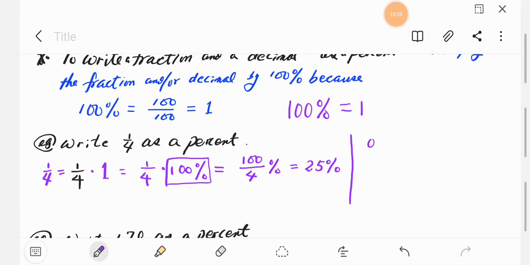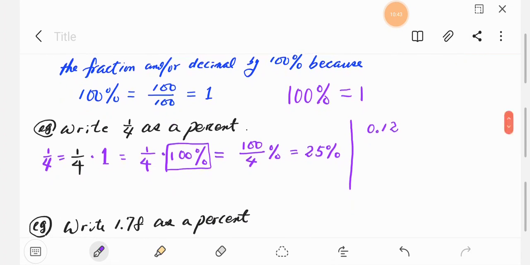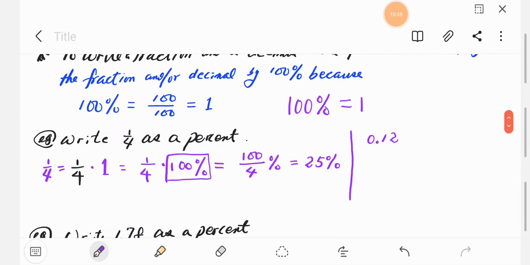How about 0.12? Well, this is a decimal. Okay, decimal is later, so let's convert the fraction. How about 1/5? So I have 1/5, then the 1/5 is equal to what? 1/5 times 100%.